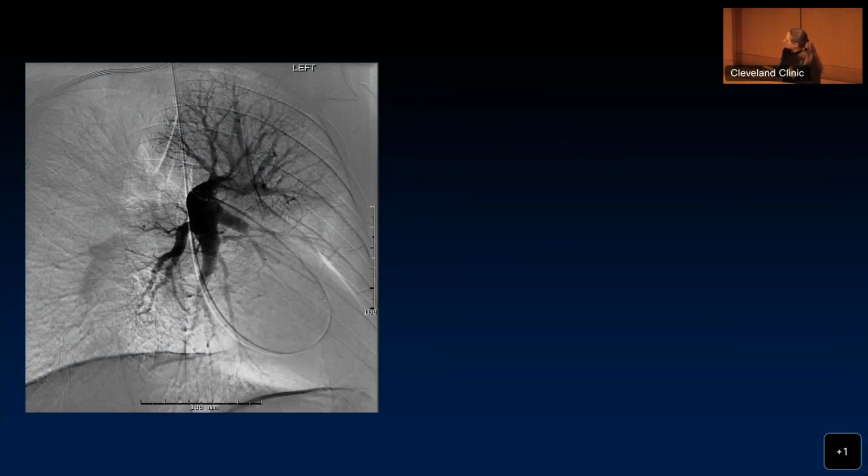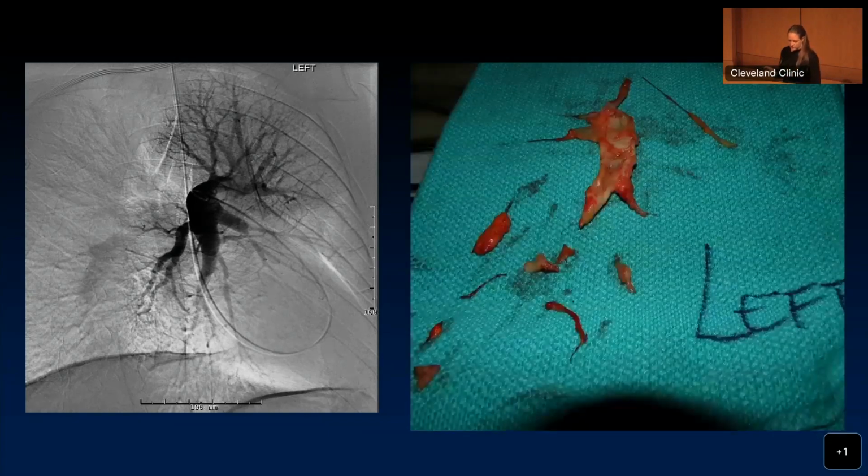There's an absence of a blush down here in the left lower lobe. Sorry, excuse me, this is the left side. And when we went to surgery and he had extraction done, you can see he had some very significant endothelial stripping that occurred proximally, and then a lot of this distal segmental disease that was removed from multiple different blood vessels.